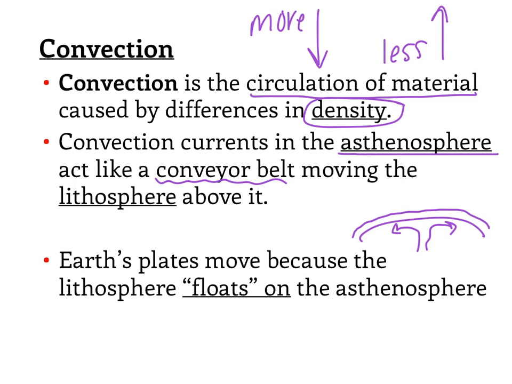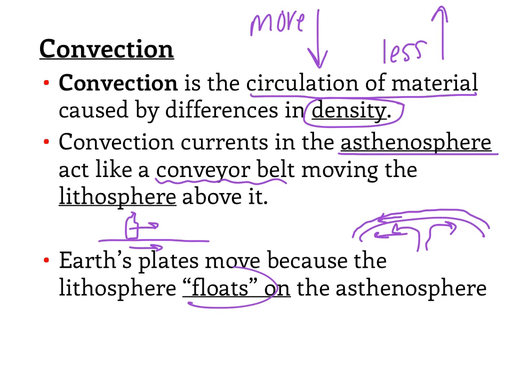And so kind of like a conveyor belt, anything that moves underneath is also going to move that layer above it. So if you think about like at the grocery store, when you put your groceries on that conveyor belt at the register, right, your bottle of pop or your jug of milk, whatever it is, because the conveyor belt moves, that object also moves.